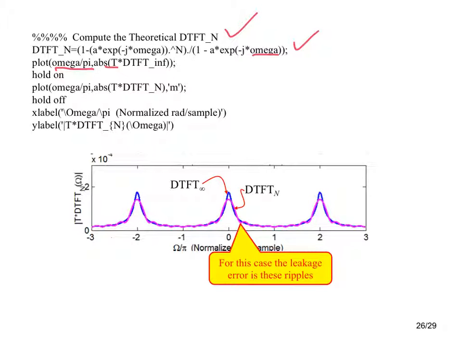So I get my beloved -1 to 1 range. I do some labeling and so forth, and I also plot, well, here I'm plotting the DTFT sub infinity, and then I'm also plotting the DTFT sub N. So this result I calculated on a previous page. This is the result that I calculated right up here.